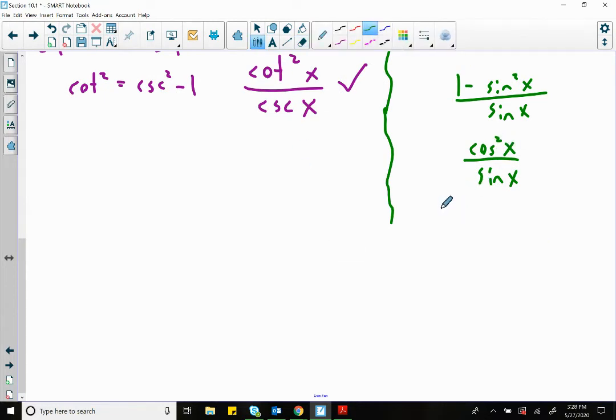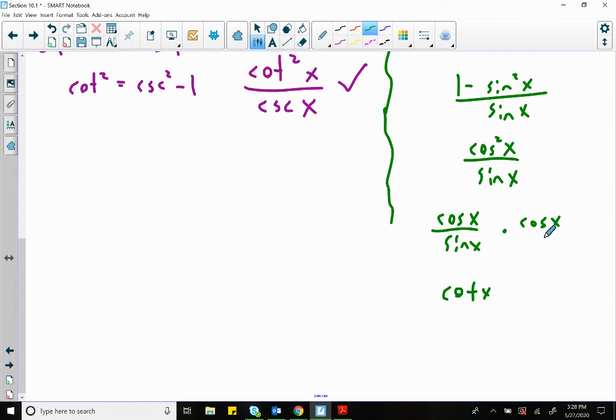So I can separate this into 2 fractions: cosine x over sine x times cosine x, because there are 2 cosines on top. So what is cosine over sine? That's cotangent.